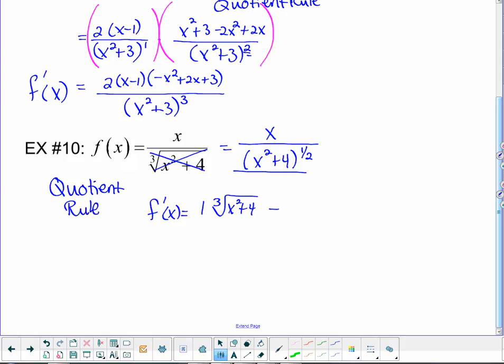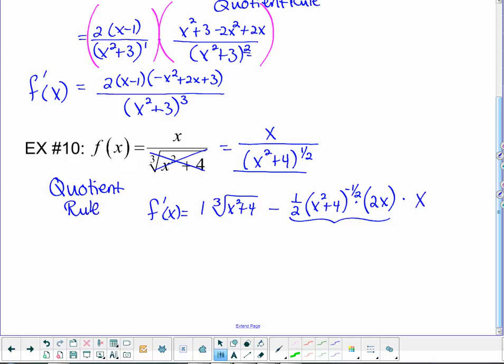Notice we have an outer function of 1/2. The 1/2 comes down. I get x squared plus 4 raised to the negative 1/2. There's the power rule. I subtracted 1. Now I need to chain off and multiply by the derivative of the inside piece, which is 2x. And then don't forget to multiply by the top.